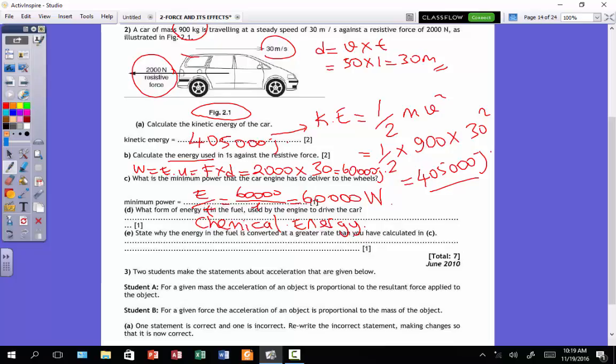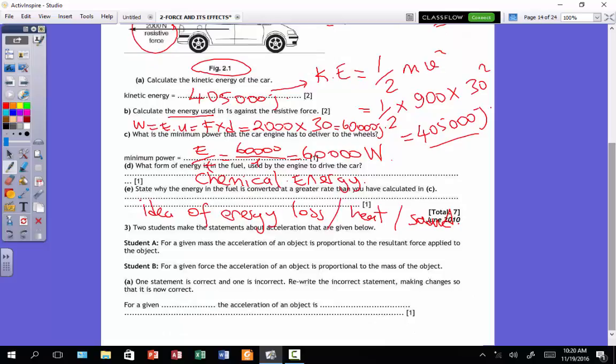The energy can be lost through heat or through sound. The idea of energy loss: heat or sound.